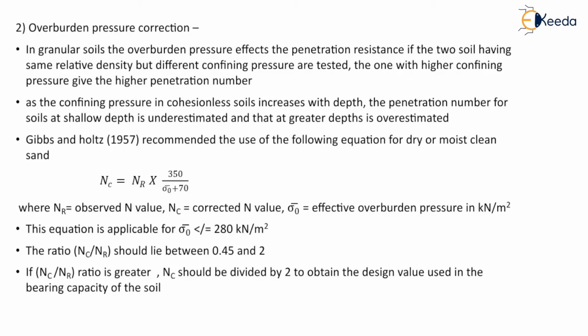So here the overburden pressure correction equation was given for dry or moist clean sand only. But this correction may be extended to saturated silty sand and fine sand after modifying the NR value according to the following equation: Nc equal to NR into 350 divided by (sigma naught bar plus 70). So this is the same equation as in the previous slide, which is for clean sand.